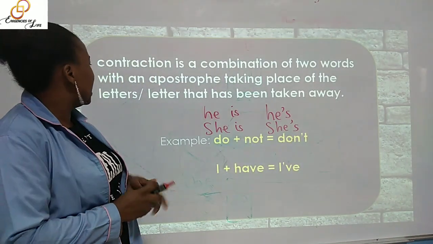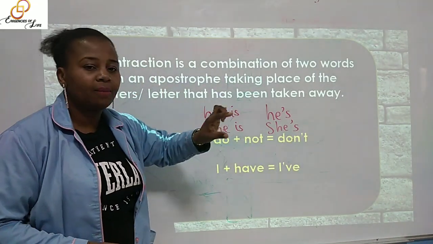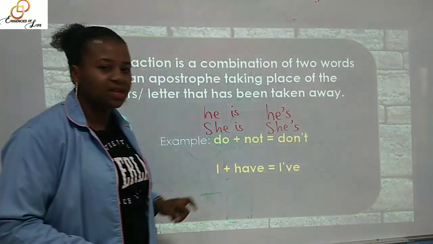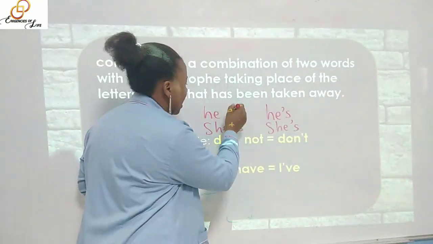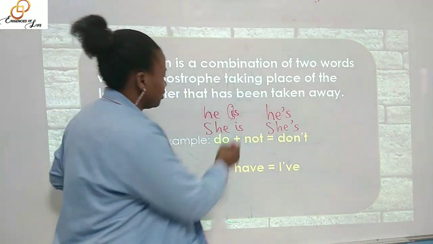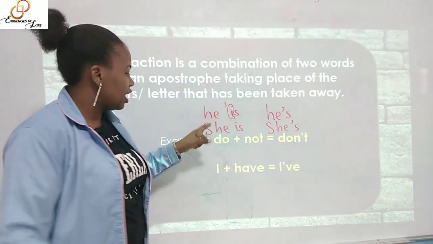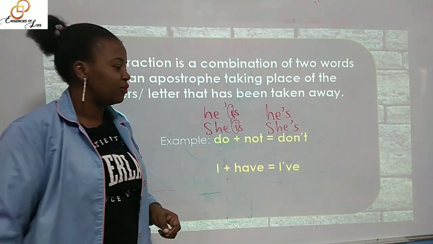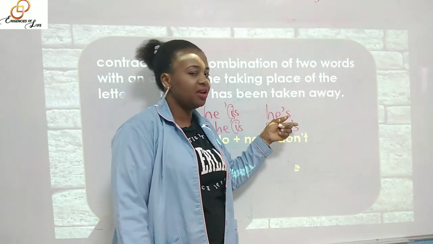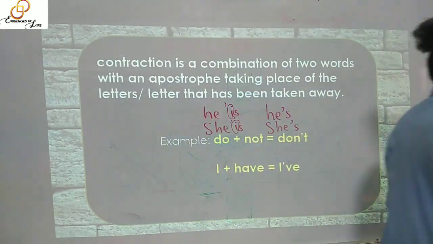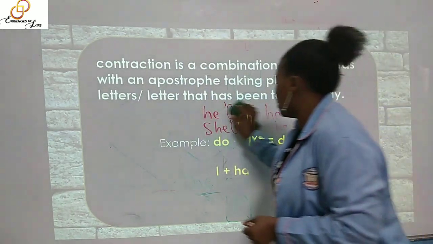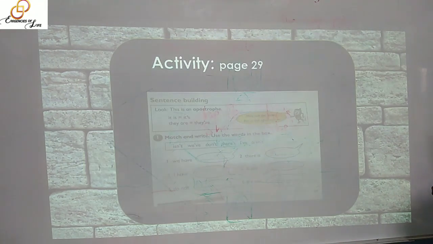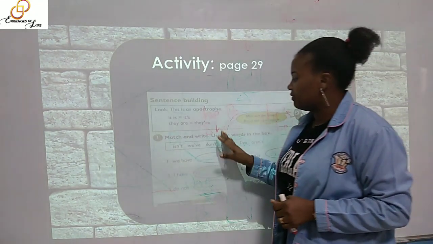Remember we told you that it stands for a letter that has been taken away. Now look at this word. What do you think is taken away? We took away the I and we brought in the apostrophe. Here we took away this I too and we put in the apostrophe and it stands for she's, he's. Is that clear? Okay.